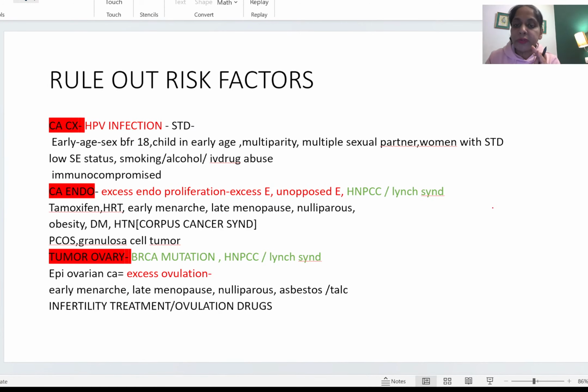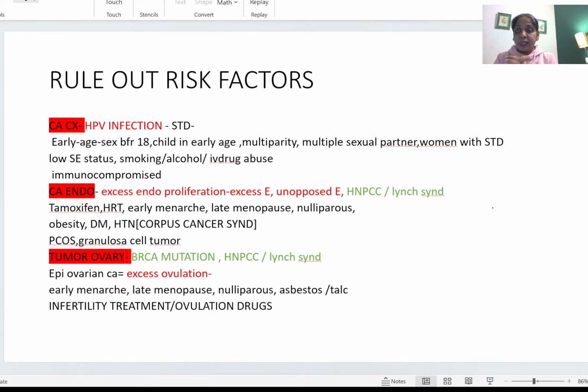So we were studying what the risk factors for HPV are.